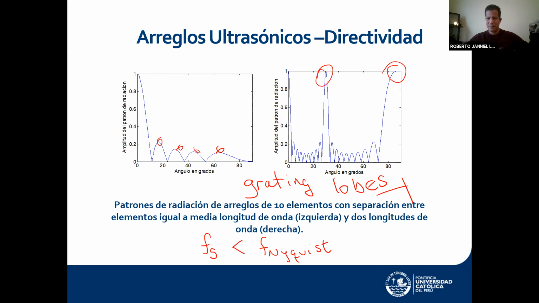For example, you have something like this, and you have one sample here, one sample here, one sample here, and so on and so forth. Hopefully I did this right. I'm thinking I didn't, but you get the point.